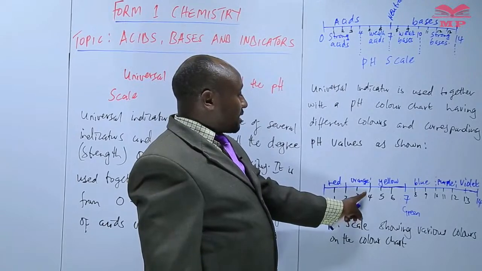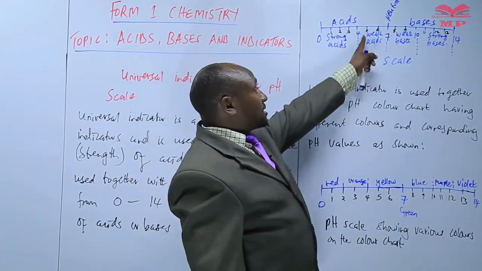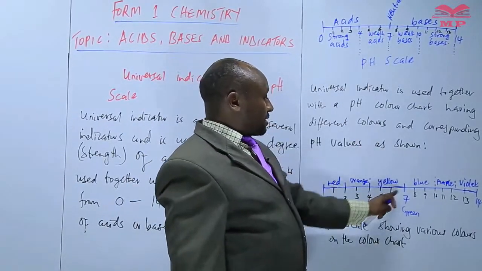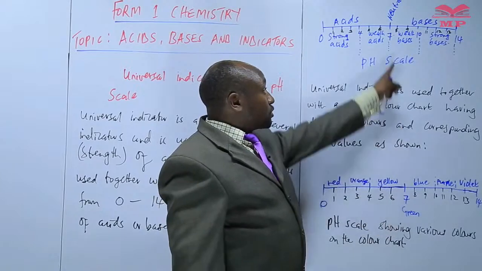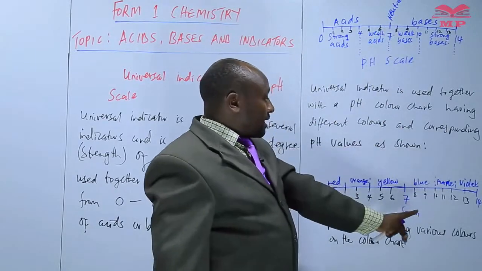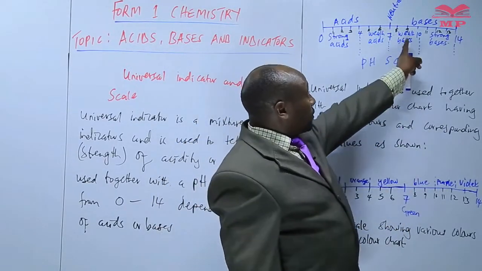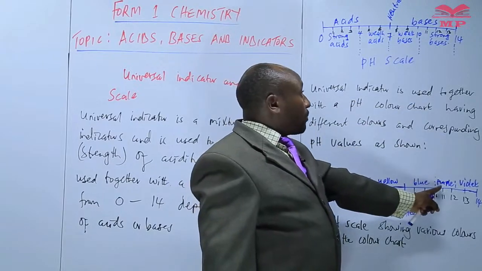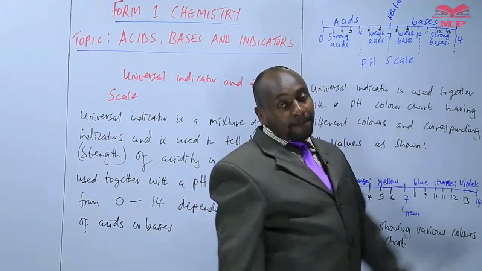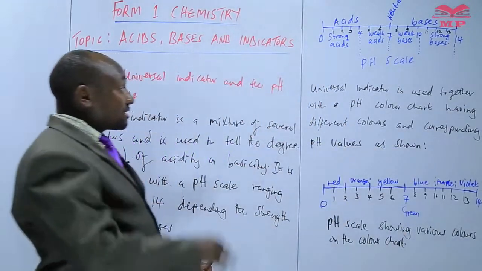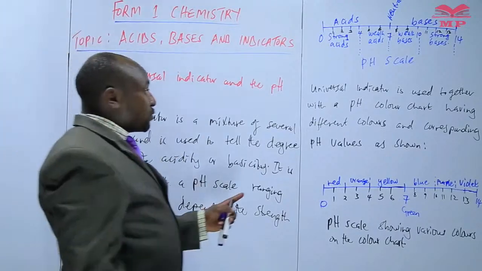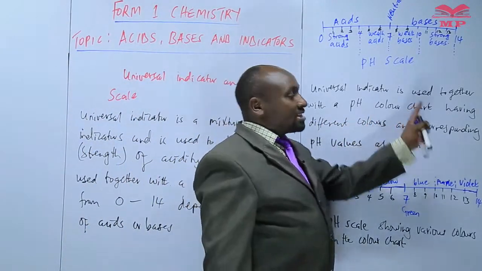If the color is yellow, it's a weak acid because it's 5 or 6. If the color is green, it's neutral. If the color is blue, it's a weak base. Purple and violet are strong bases. So the universal indicator is used together with the pH color chart.